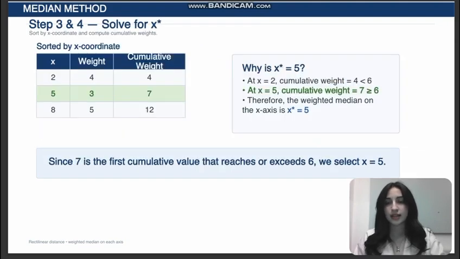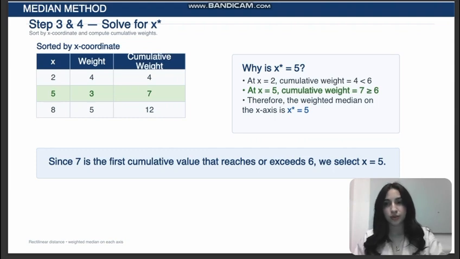So here you can see in the table that we sorted the facility locations by their x coordinates in ascending order. After that, we start to sum up the weights from the beginning. When x is 2, the cumulative weight is 4, which is less than 6.